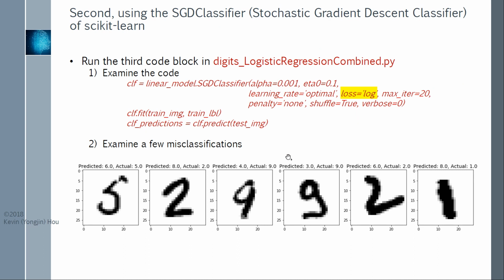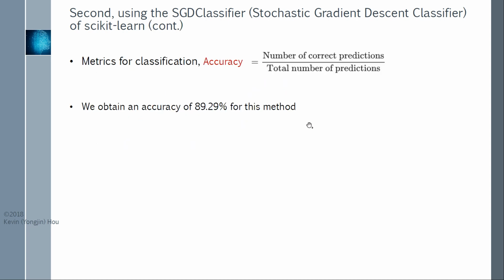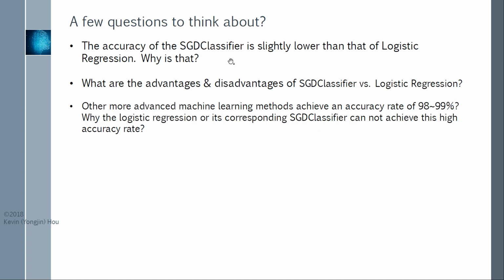So part of the reason is that there's a need to search for the optimal hyperparameters to achieve the best result from the SGD classifier.